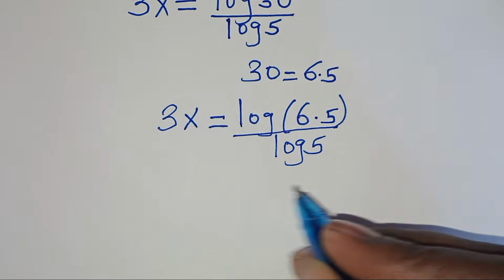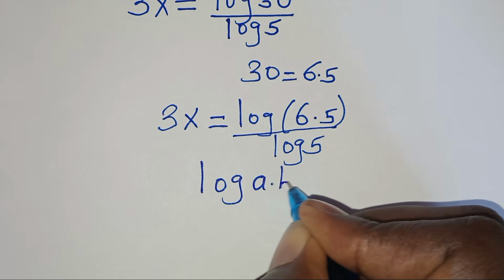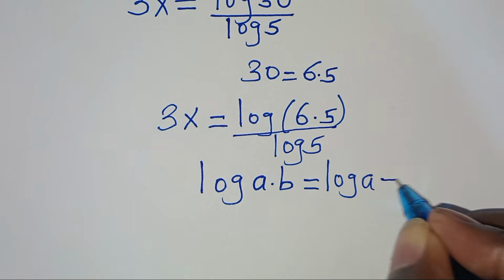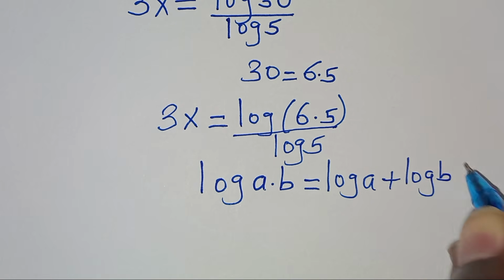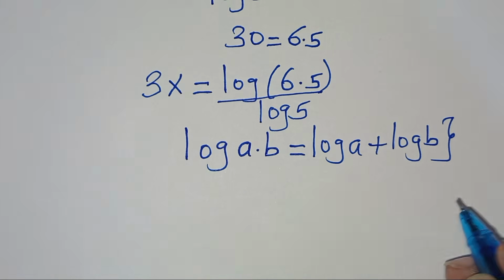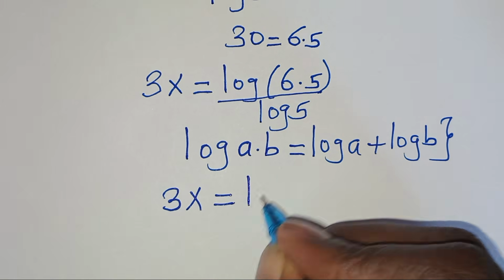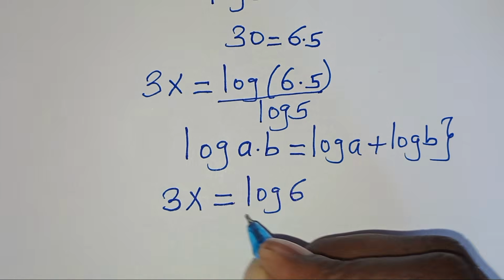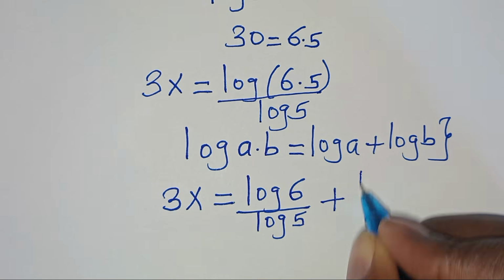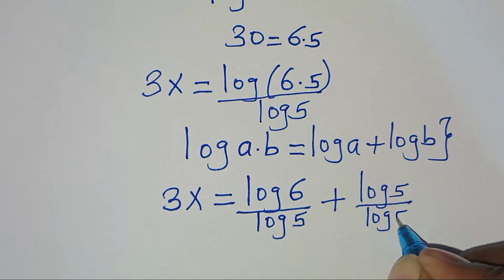Log 6 times 5 is of the form log a multiplied by b, which we can express as log a plus log b. Applying this logarithm property, we have 3x equal to log 6 divided by log 5, then plus log 5 divided by log 5.